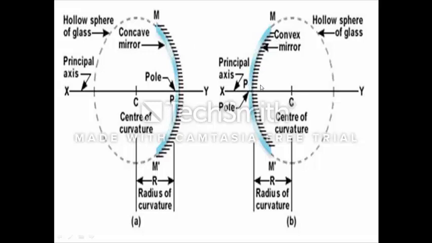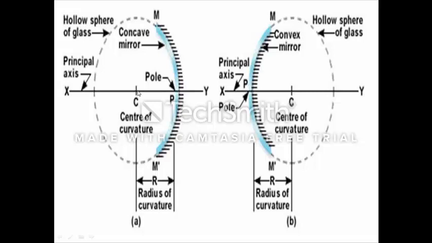And if the inner side is polished, then the outer surface becomes the reflecting surface, and it is known as a convex mirror. The center of our mirror is denoted by P, and it is known as the pole.